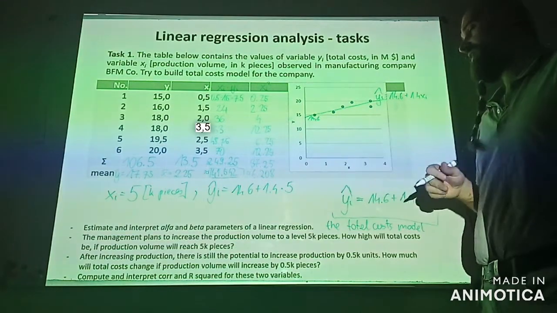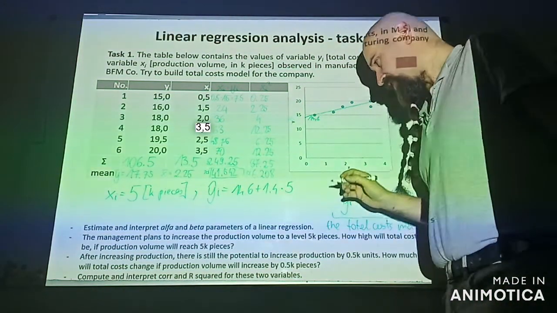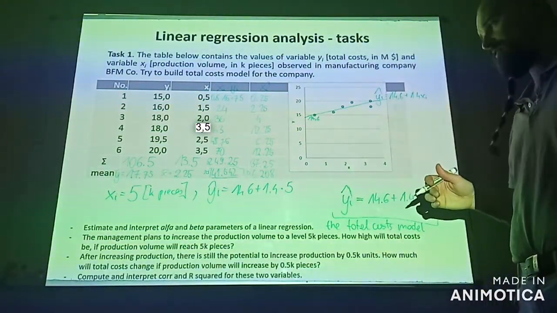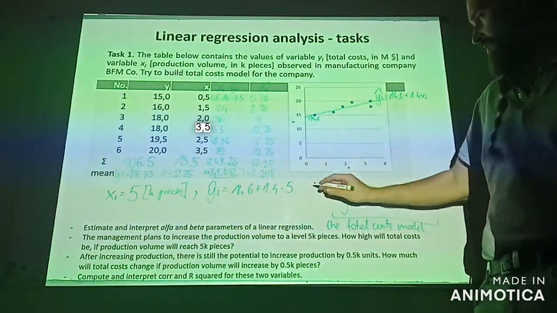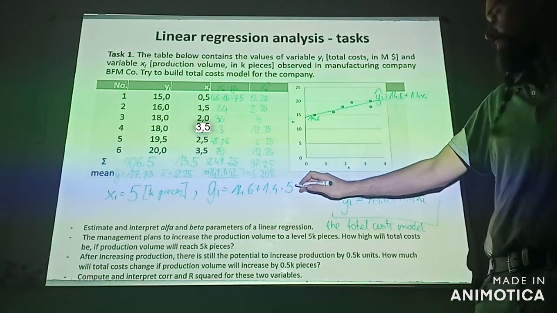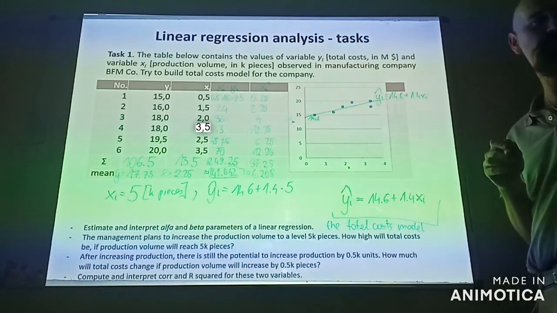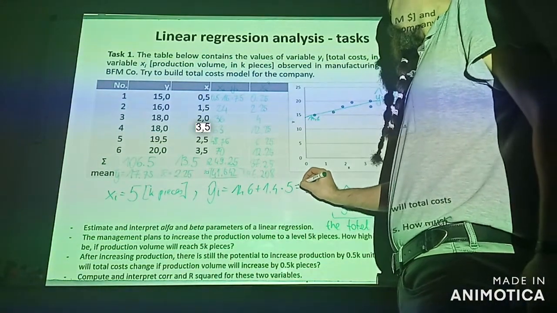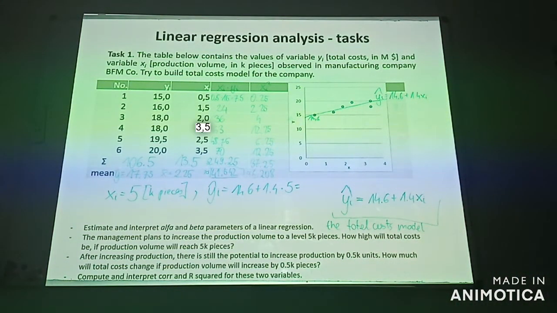Xi is an exogenous variable, so I ask the model about the total cost level if I take any production volume from 0 to the infinity. And this level will be, okay, I will use a calculator.